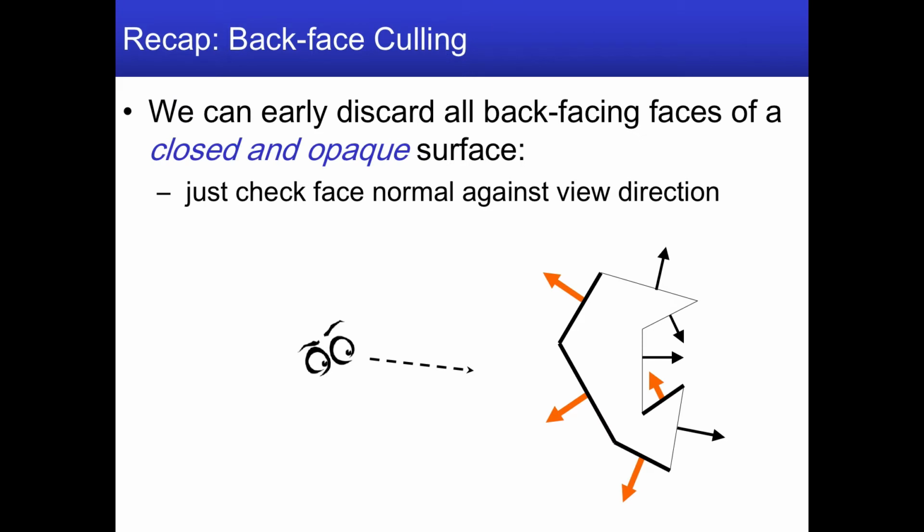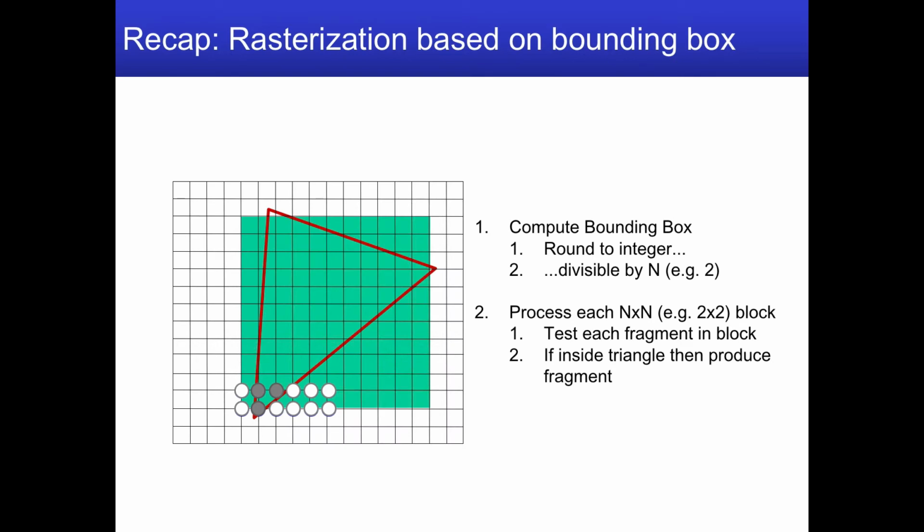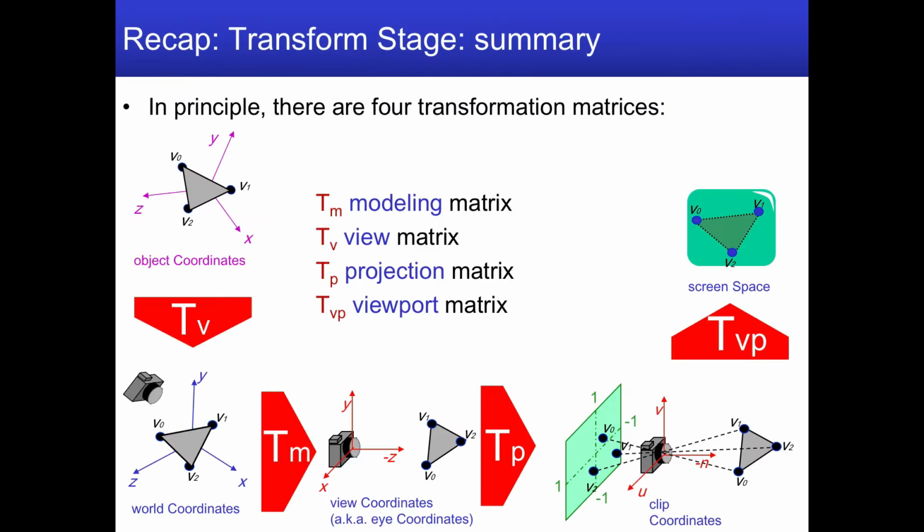We have also seen backface culling, the fact that you can discard the face whose normal points in the same direction as the viewpoint. That means the face you are looking at from the inside, right? And you discard a lot of faces from this point of view on.